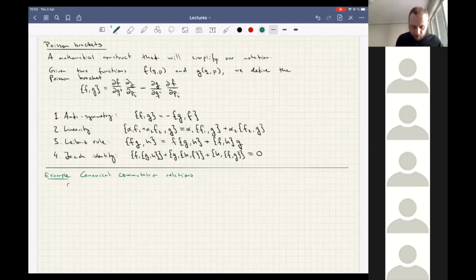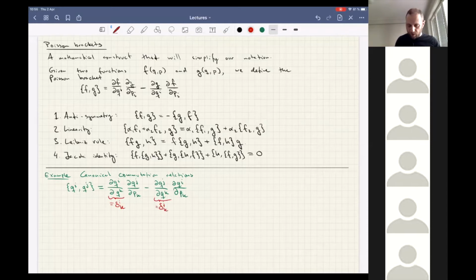If we look at the Poisson commutator of qi with qj, this is going to be ∂qi/∂qk ∂qj/∂pk minus ∂qj/∂qk ∂qi/∂pk. Now, when I take the derivative with respect to the generalized coordinates, this is delta ik, and this is delta jk.